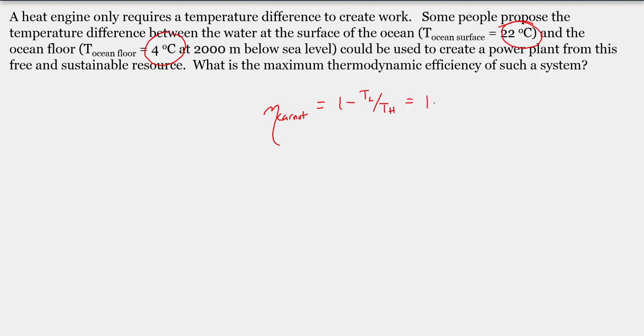And so we do that, and we get 277 Kelvin divided by 295 Kelvin. And what we find is that the Carnot efficiency, which is the maximum efficiency we can ever get from this power plant, is 6.1%.